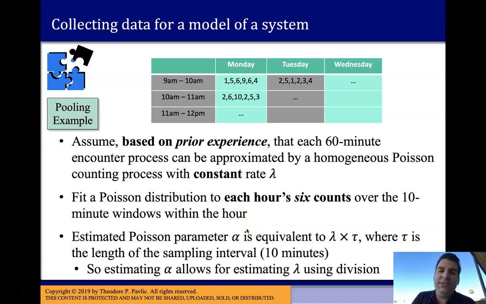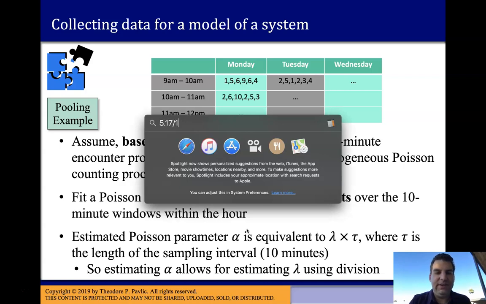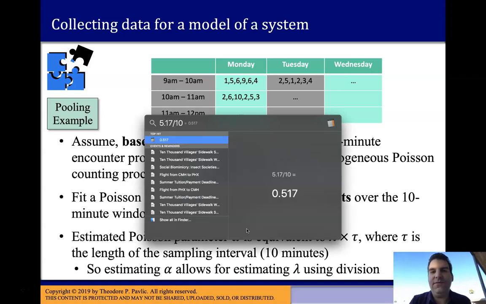So this Poisson is going to generate random numbers that are around 5.17, representing the rough number of arrivals that I get in every 10-minute interval. If I were to divide that 5.17 by 10 minutes, I get 0.517, which is my arrivals per minute.